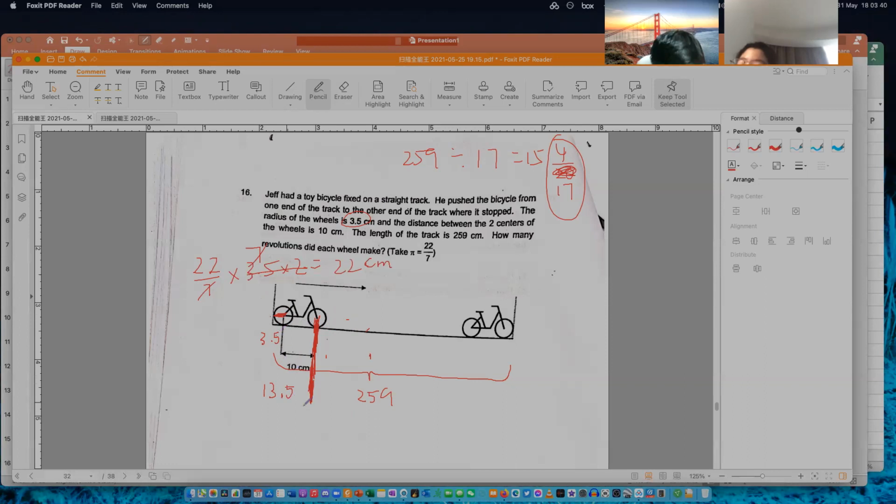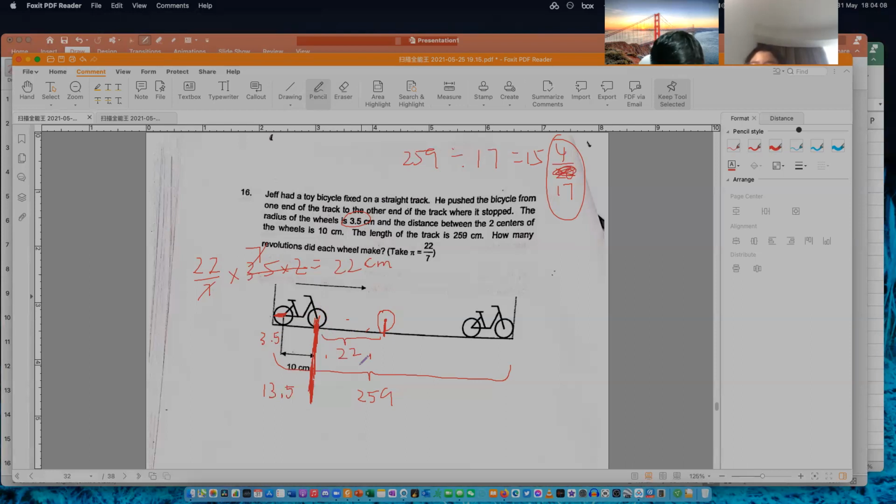Then one round of this wheel is 22. So I move 22, and after 22, my wheel will be here. Am I right or not?